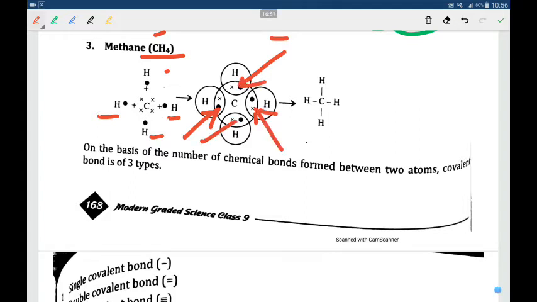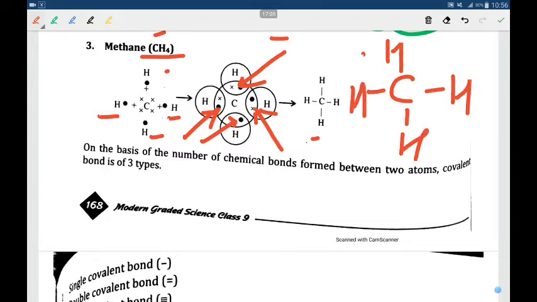Here is the next one. Four bonds are there. At the center, carbon, one bond, two bonds, H, H, H. It happens like this.